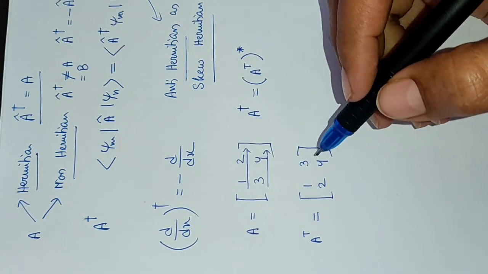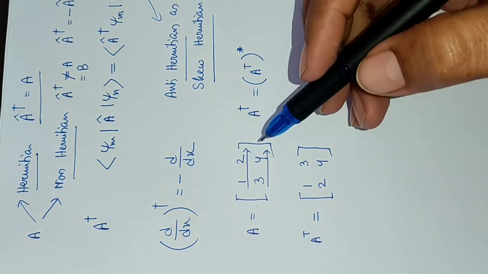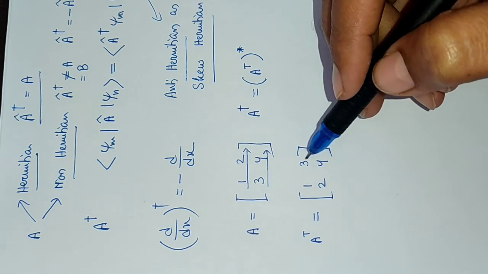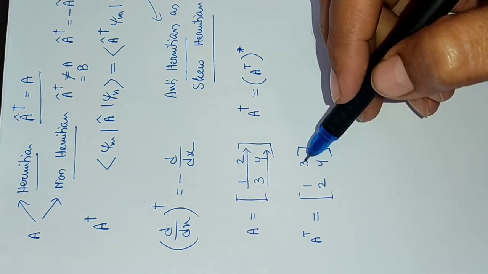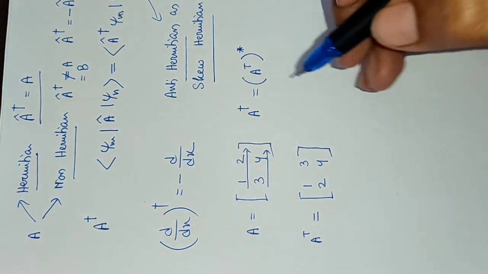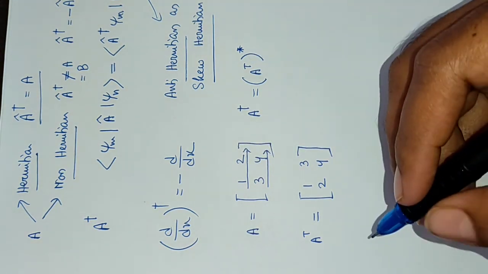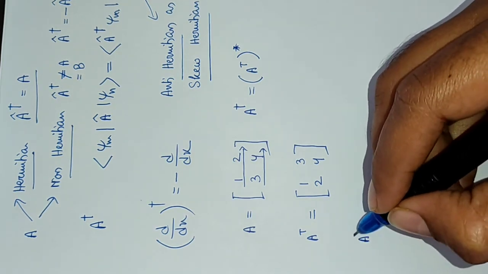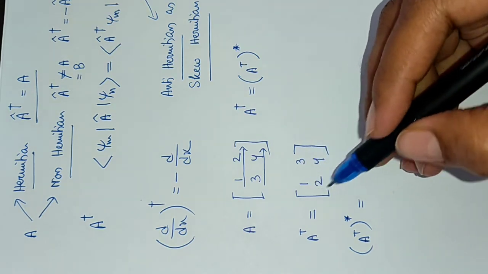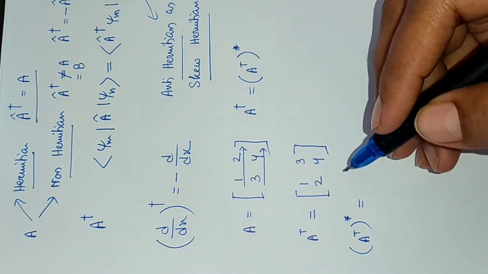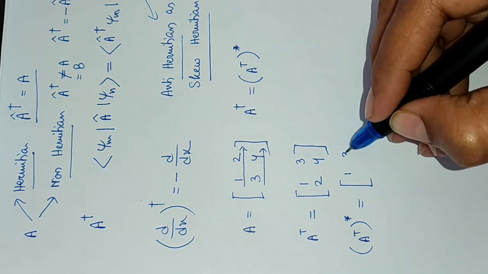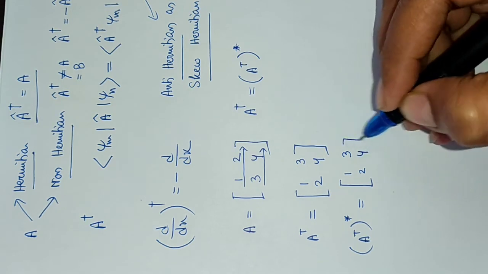So you see, when we transpose, this diagonal remains unchanged and there is an exchange in the other diagonal. 2 is coming here, 3 is coming here. Now we have to take the conjugate of it. There is no imaginary part here, so it will remain as the transpose. So it will be 1, 3, 2, 4.